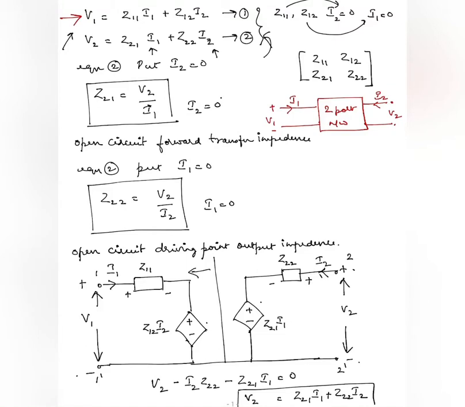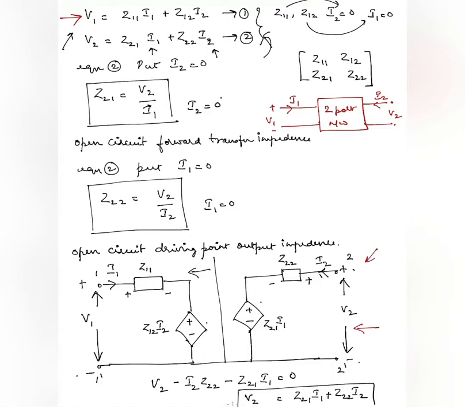So this is all about representation of a two-port network using Z parameter, and how do you find individual Z parameters, and how do you represent a two-port network in terms of Z parameter, that is this network. This comes in handy when you have problems to solve. So you'll be given a two-port network, and you'll be asked to find the Z parameters of that network, and to represent the two-port network in this form, that is in terms of Z parameters.